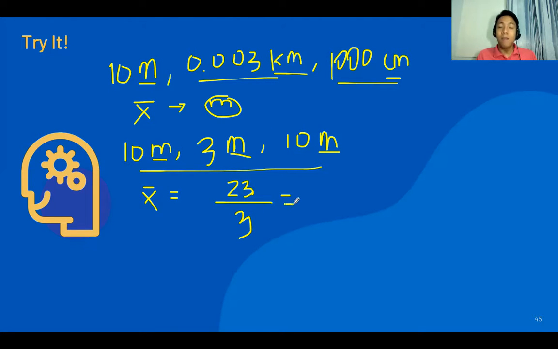So 23 divided by 3 is 7.666, repeating. So we can write that as 7.67, and this will be our average in terms of meters.